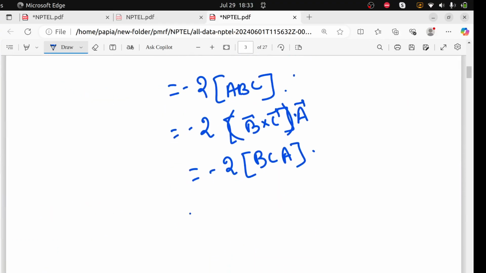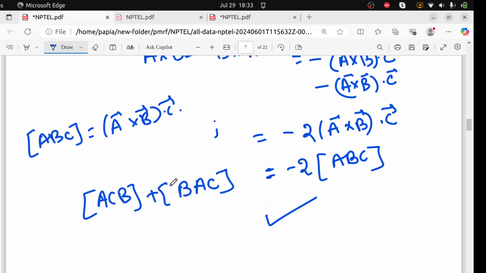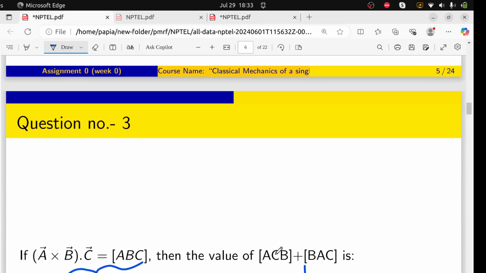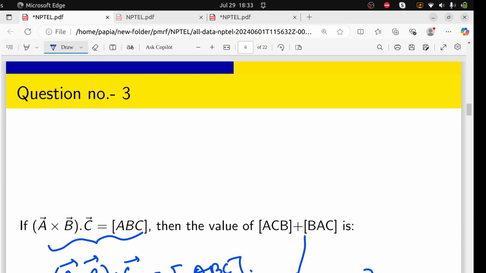So I can write here minus 2 into CAB. That can also be possible. Whenever you have a multiple choice question in the assignment, you need to click one of the options, so it is totally up to how the question gives them. Okay. So this is the answer. For this case, it will be minus 2 ABC.